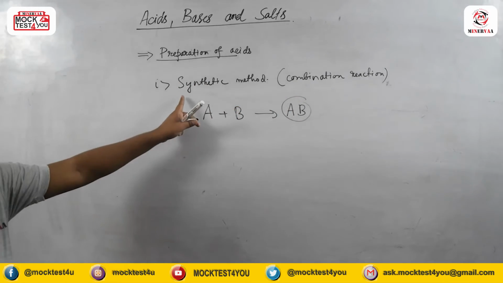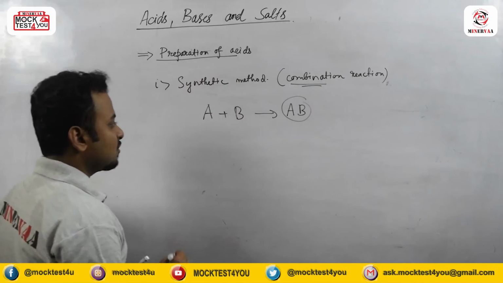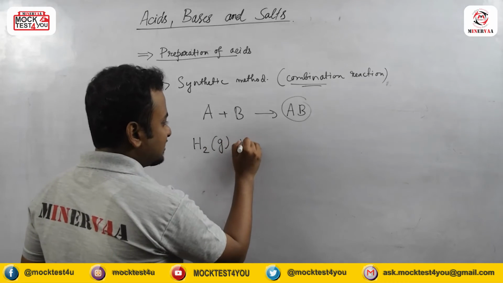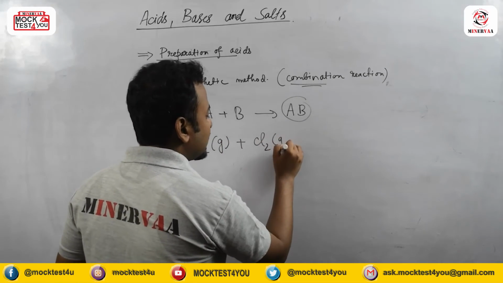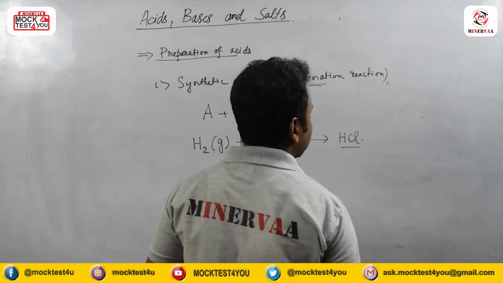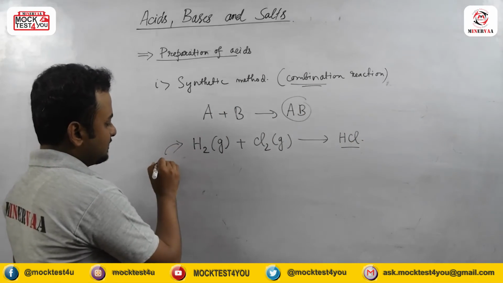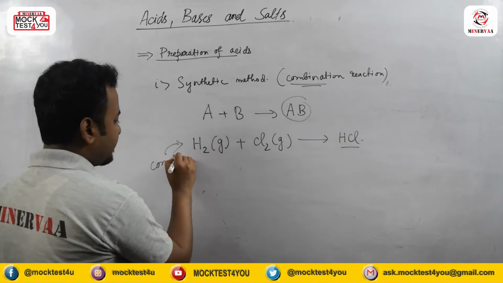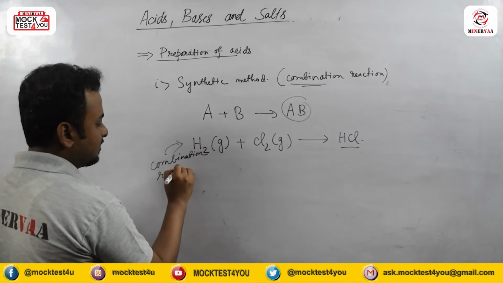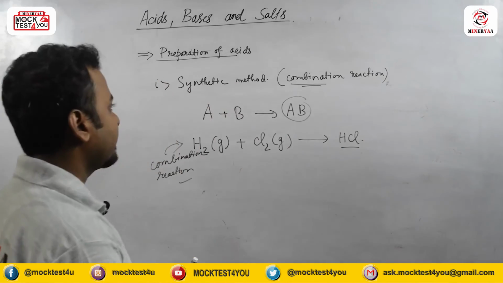So a synthesis reaction is the same as a combination reaction. H2, which is a gas, and Cl2, which is also a gas, will react to form HCl. So this is a type of combination reaction. Acids can be prepared by combination reaction.